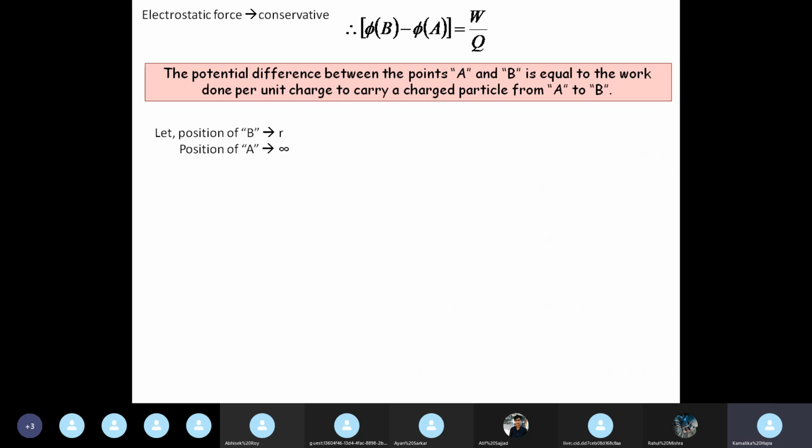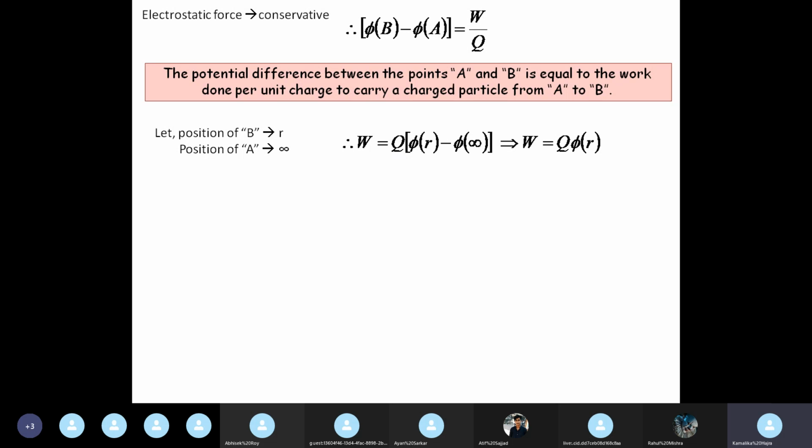Now let us suppose that the position of B is at R, and we move the position of A very far away, an infinite distance away. So the position of A is infinite. We can therefore write W is equal to Q into phi at r minus phi at infinity. But we know that potential at infinite distance is 0.